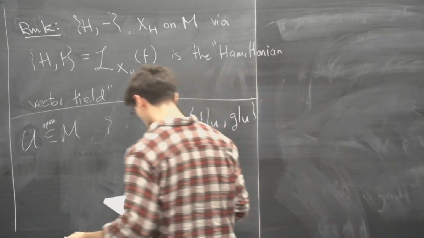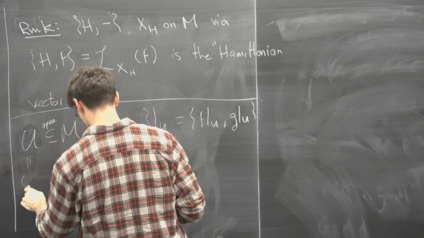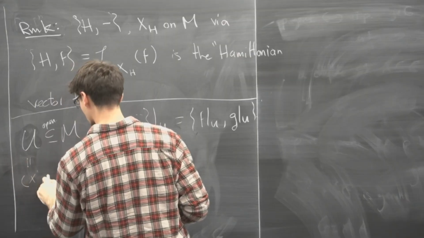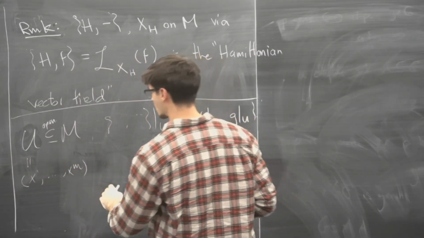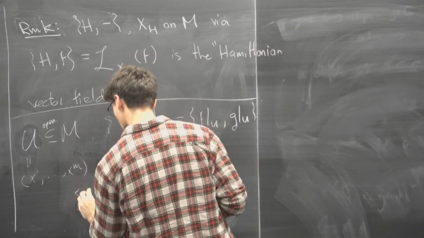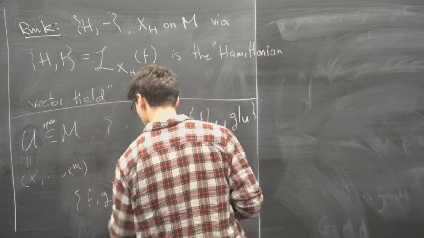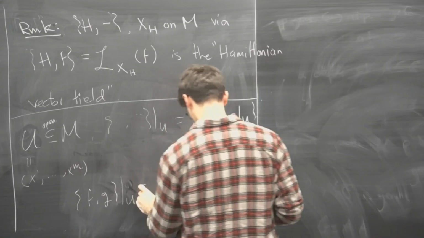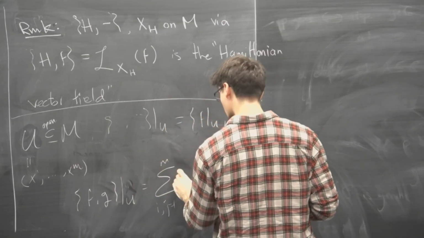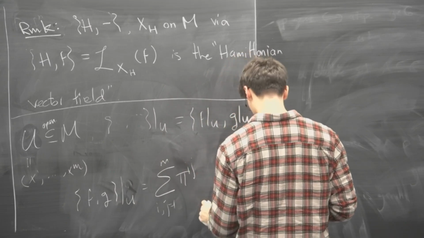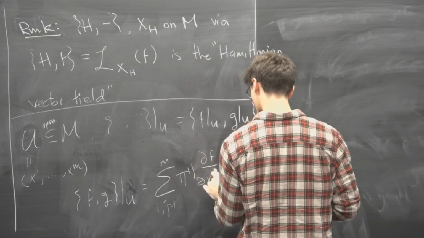And from this, if we have a local chart U, which we'll say is defined with the coordinates x1 up to xm, the Poisson bracket takes the form, for smooth functions, I'll use pi here, and you'll see why in just a bit.